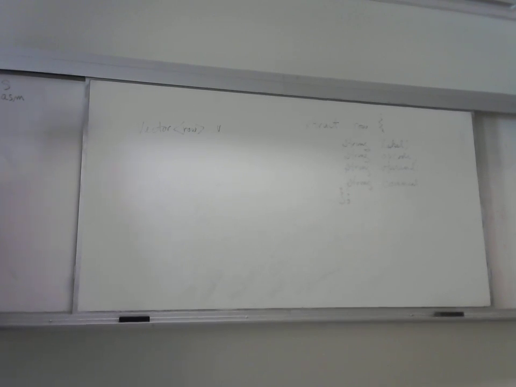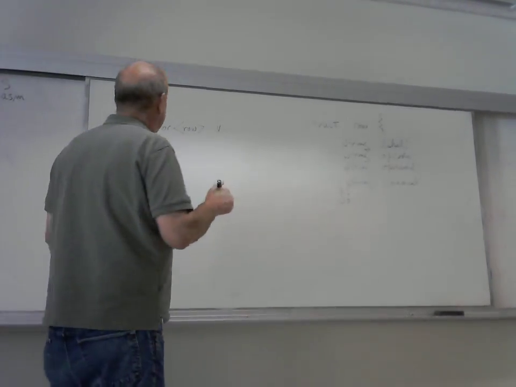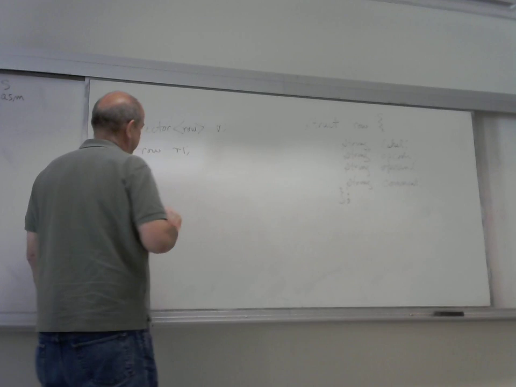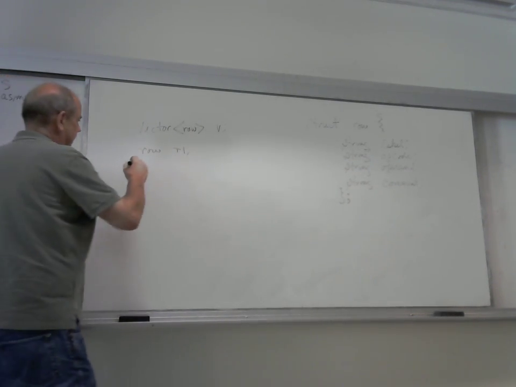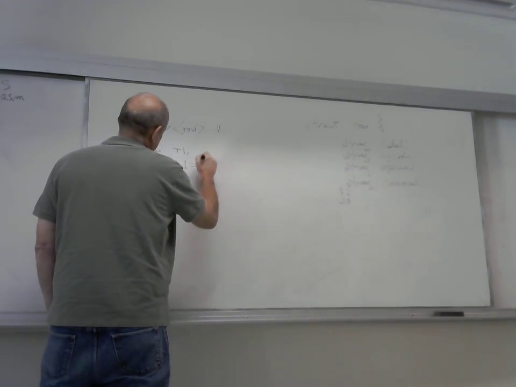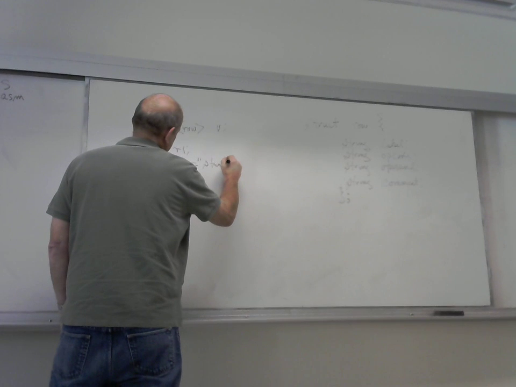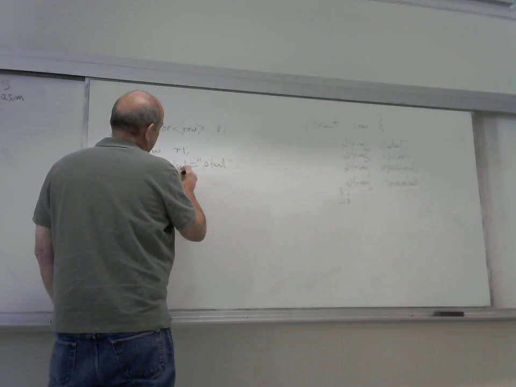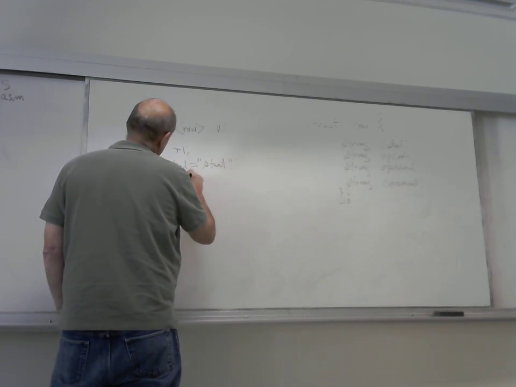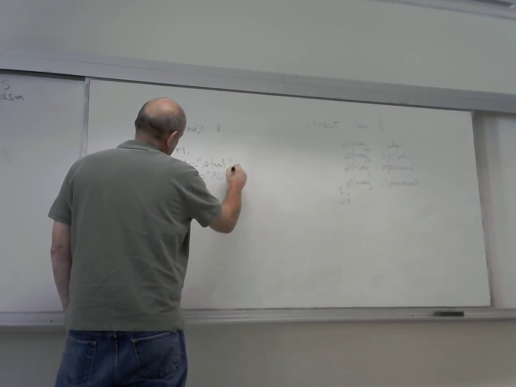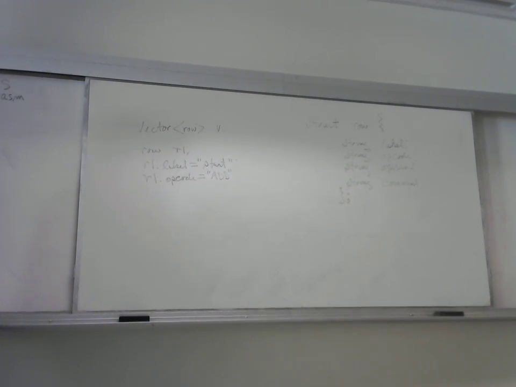So when you have a row, you can access it this way. Row R1 dot label, R1 dot opcode equal, I see you design strings rather than hard coding it, but I'm just showing you the syntax here.